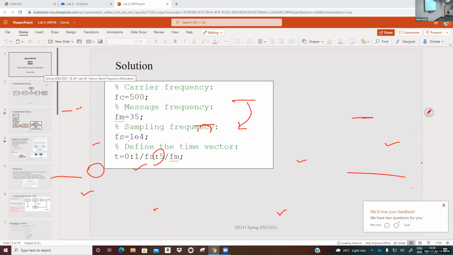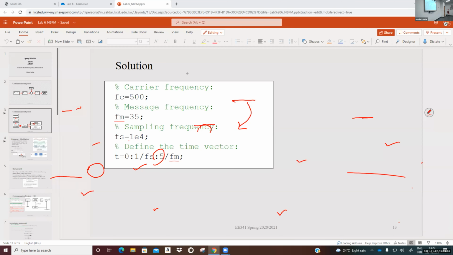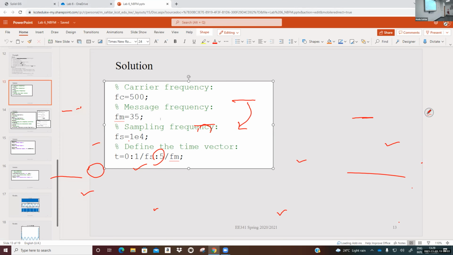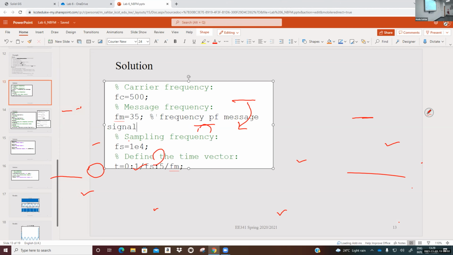For all of you, I announce that if you submit your lab perfectly well with all the comments, I want to see that you are understanding. Whenever you are writing some command, for example, if you ask me what this is, I can say, okay, this is my message frequency, frequency of message signal. So this kind of comments I want from you, so that you understand everything.